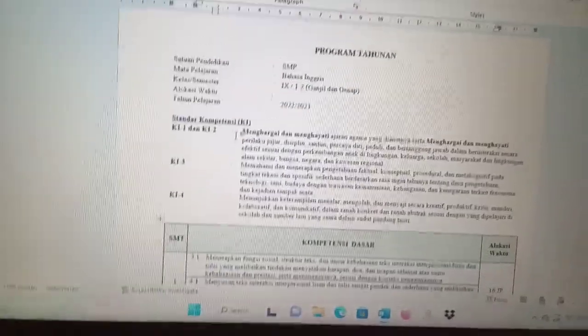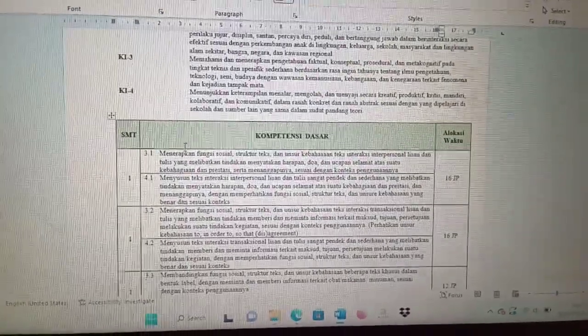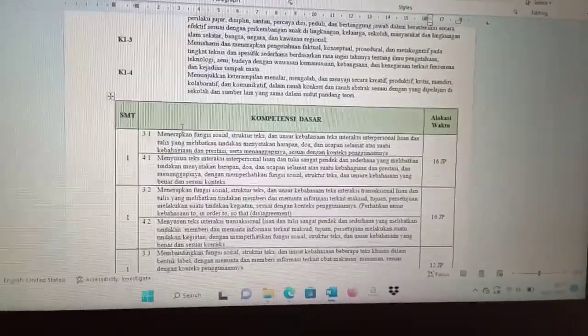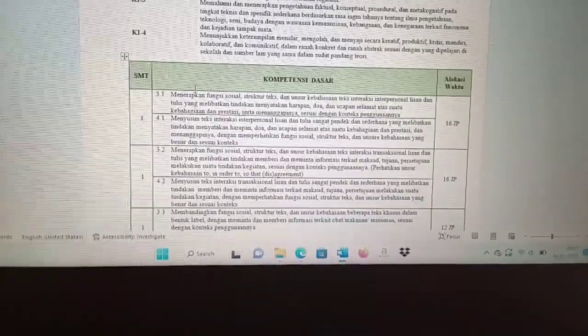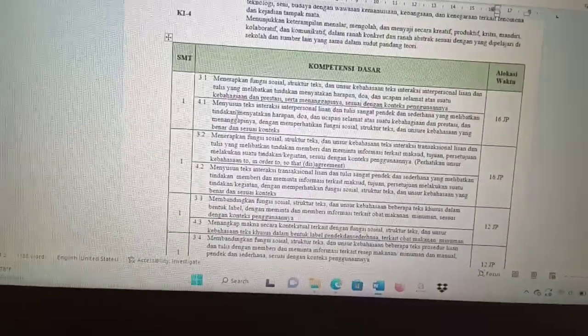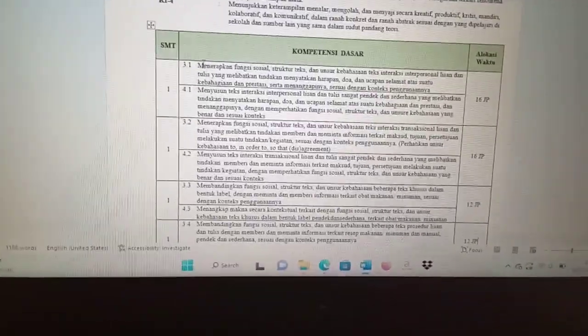So here we go. After we know about the effective and ineffective weeks, now we can make our annual program. This is for the first semester. The first semester, as you can see here, the basic competence is here.